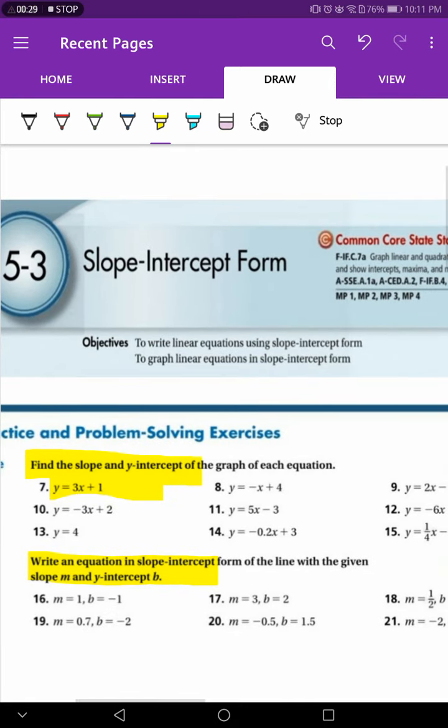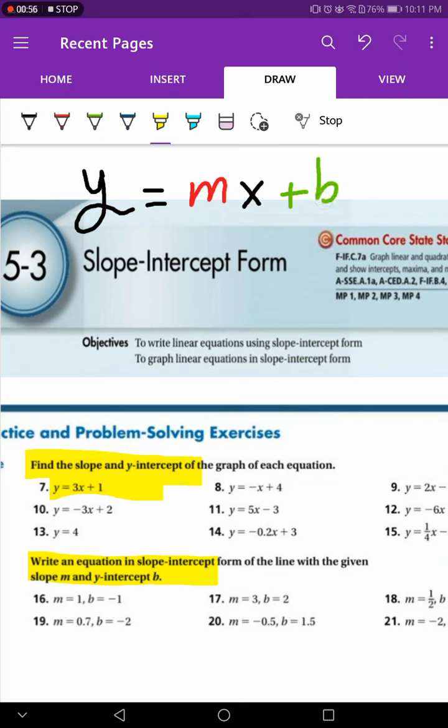To recognize the meaning of slope intercept form and why they name it like this: the equation consists of the slope m, plus the y-intercept b.